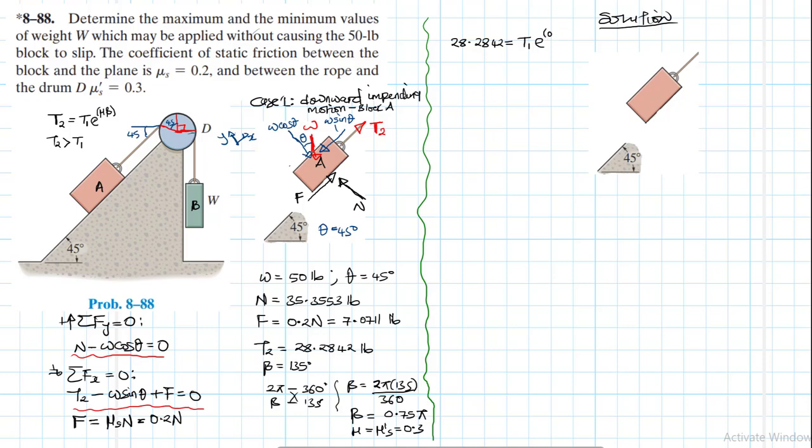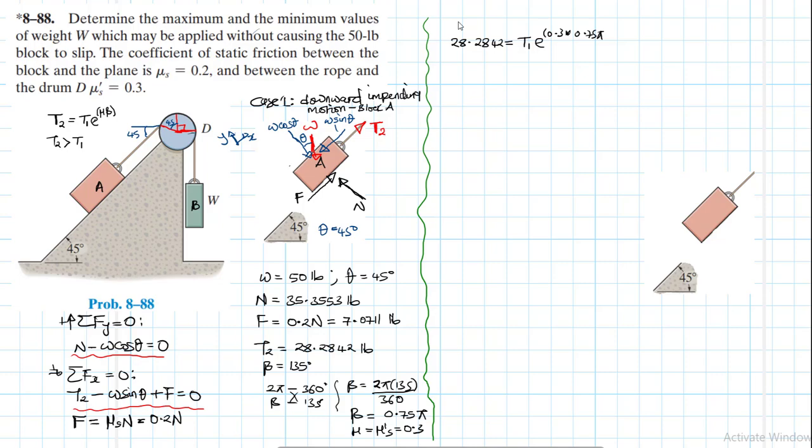Okay, so this one is 0.3 times 0.75 pi. Alright, so if we make T1 the subject of the formula, we'll find that our T1 will be equal to 13.89495 pounds. All right. So we found the first case.